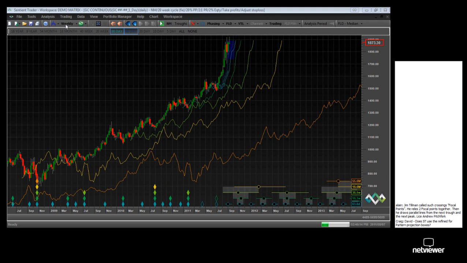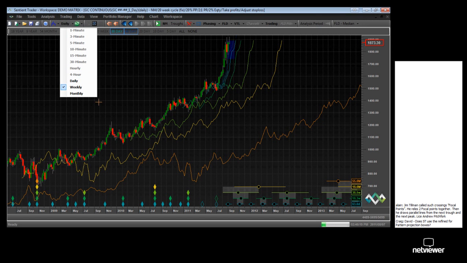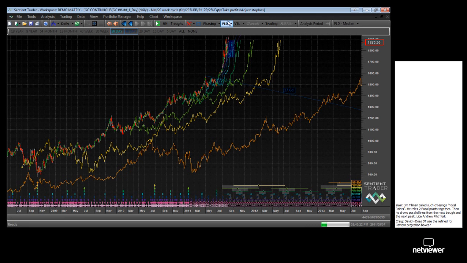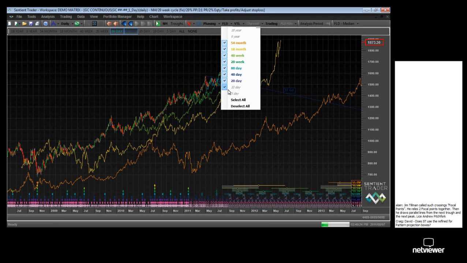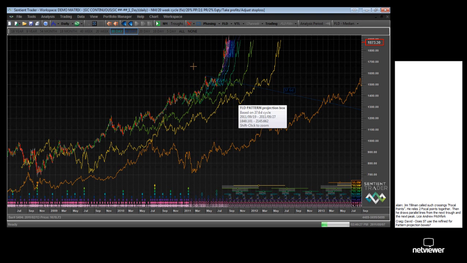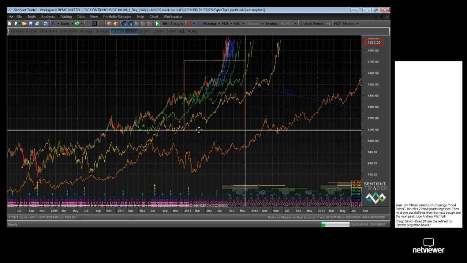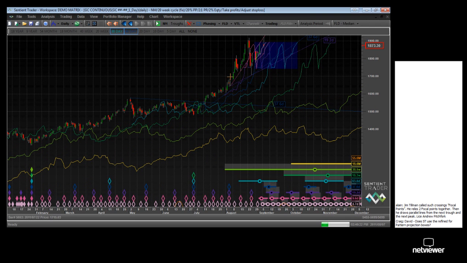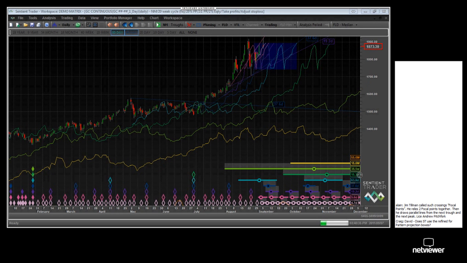Then you get times when prices don't seem to move nicely parallel to each other, but they move in a messy formation, and that's often easier to see in the shorter term. Let me just go to a daily chart and plot a few more FLDs. Let's find a messy period of congestion, what Hurst called a congestion pattern, and there's one over there.